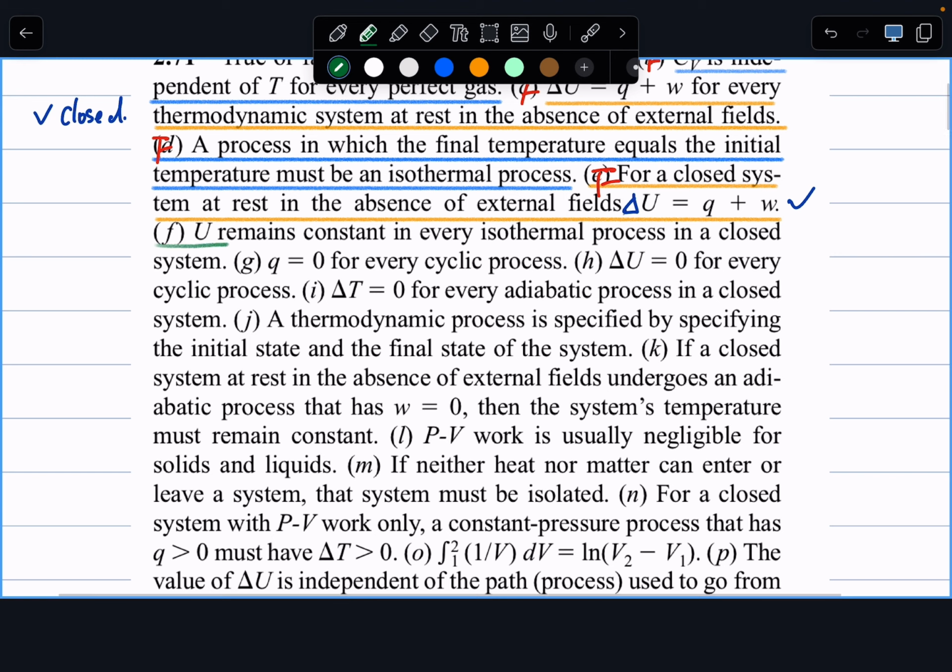Next up, internal energy U will remain constant in every isothermal process in a closed system. So what do we think?